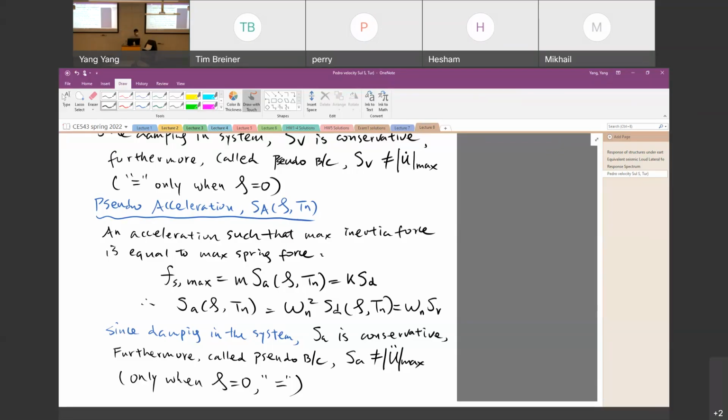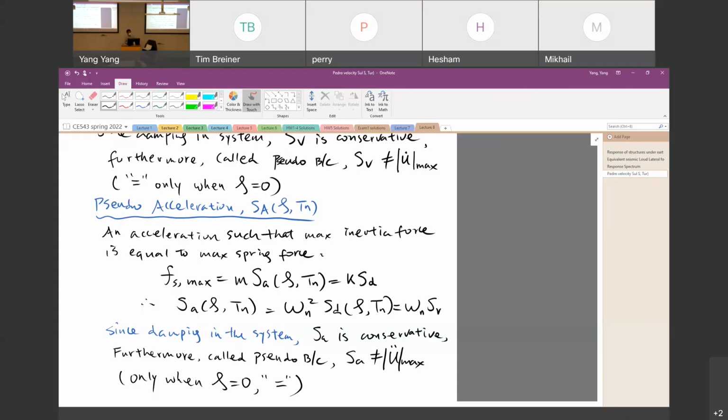Next time we will talk about the relationship between the design spectrum and the response spectrum, as well as how we can interpret the seismic design specifications in a lot of structural codes, such as ASCE, IBC, AISC.